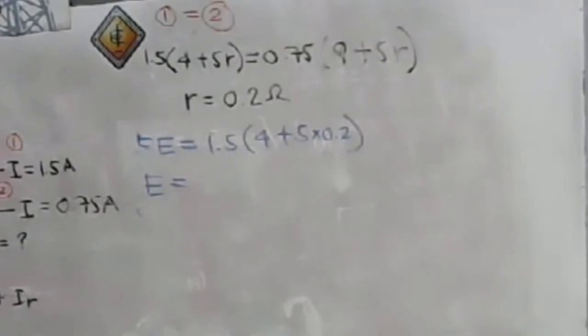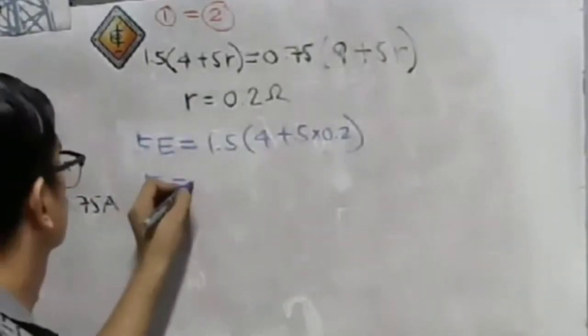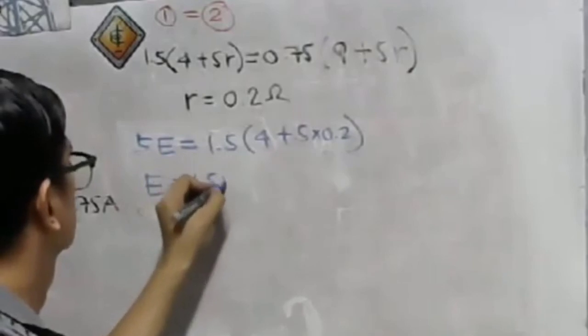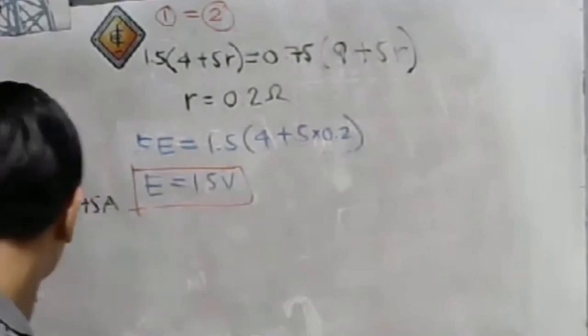What is the value for E? So the answer is 1.5. So if that is 1.5 volts, therefore, that is letter.